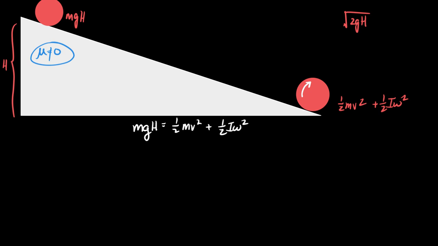The difference is, unlike a box that might slide down the ramp and experience friction, where the amount of energy taken away by friction is gone, when an object rolls down a ramp, the energy is not gone. Friction didn't take away energy. It transferred energy. So it has the same amount of energy at the bottom with no loss.